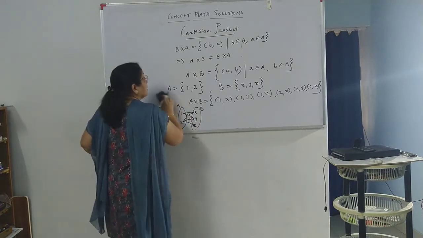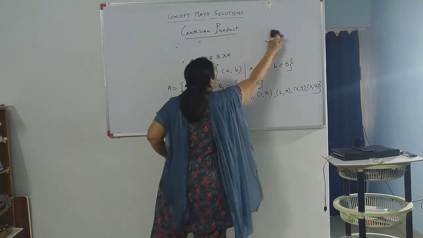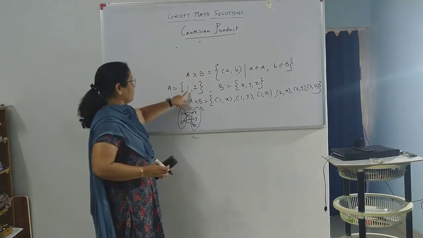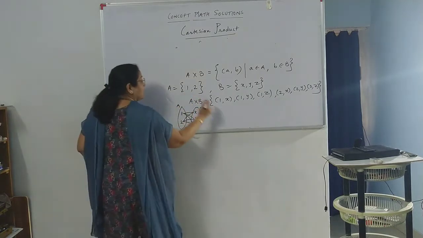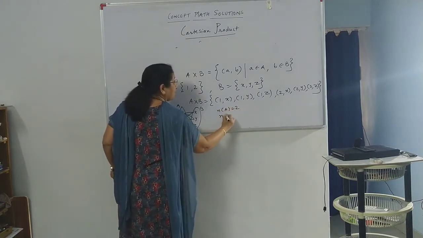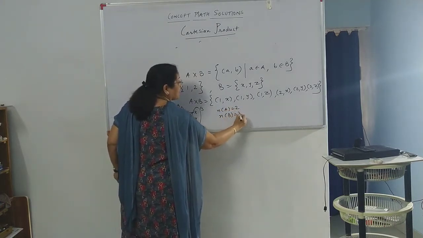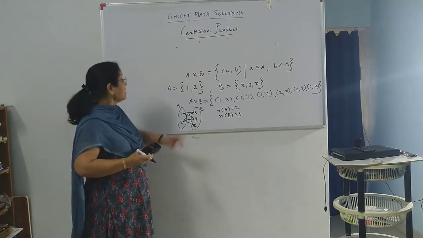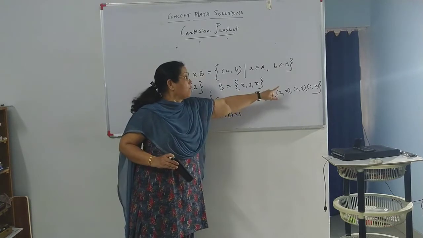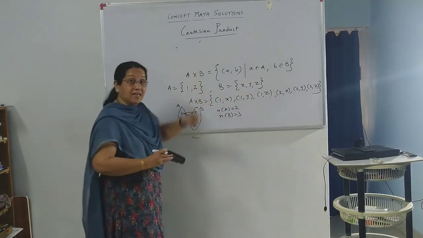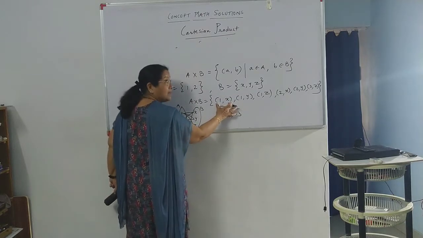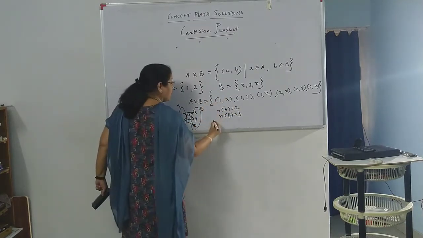Now, the next thing about this cross product is, if I continue with this example, the number of elements in A is 2 and the number of elements in B is 3, right? Whereas the number of elements in A cross B, 1, 2, 3, 4, 5, 6, is 6. Understand, an ordered pair is one element here.